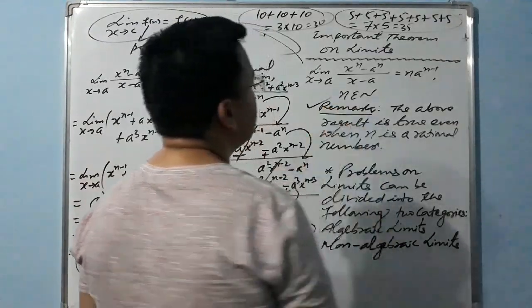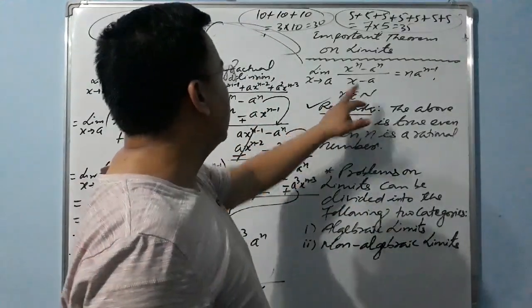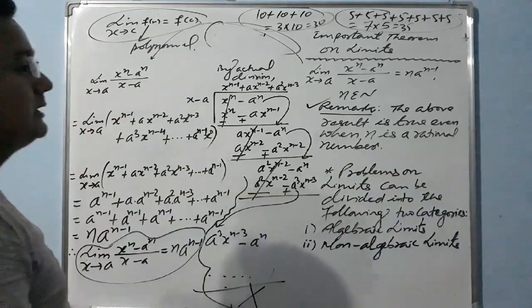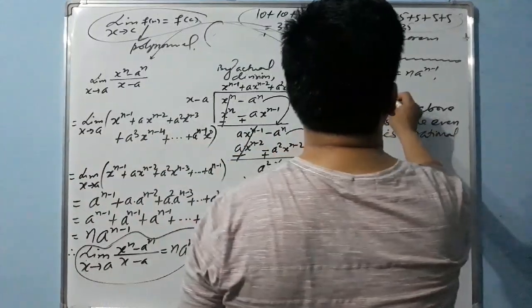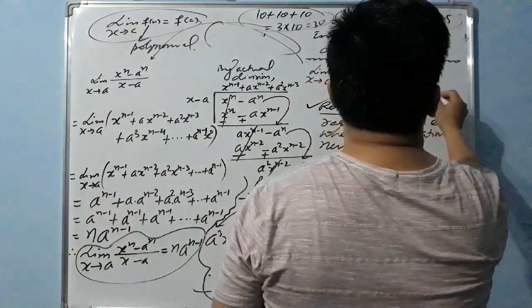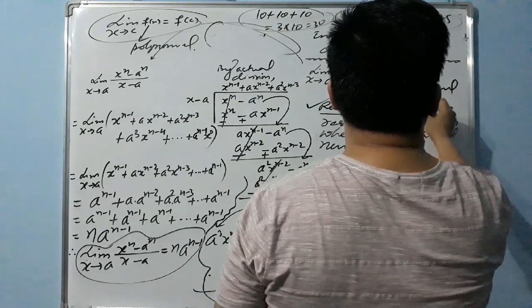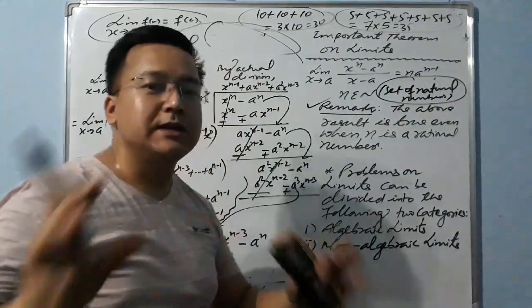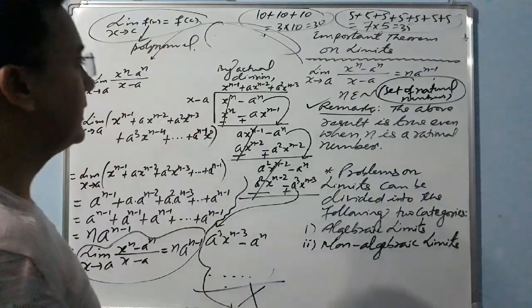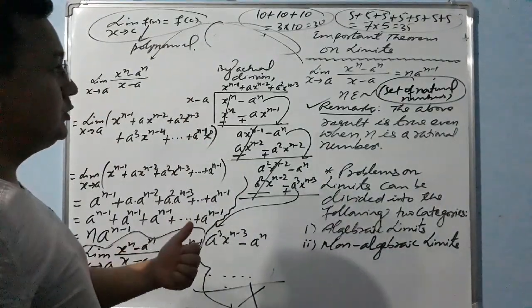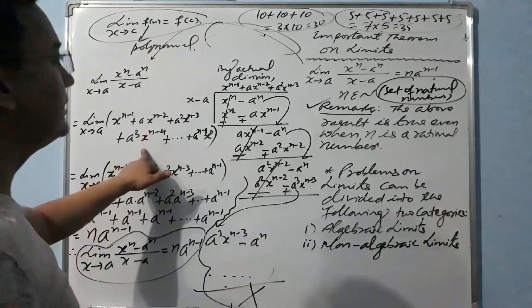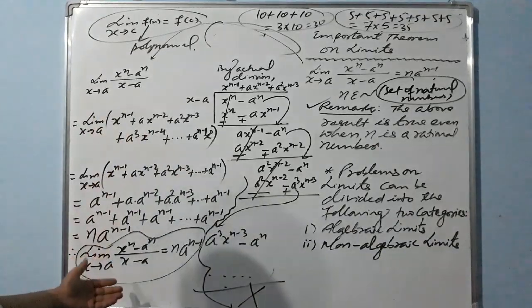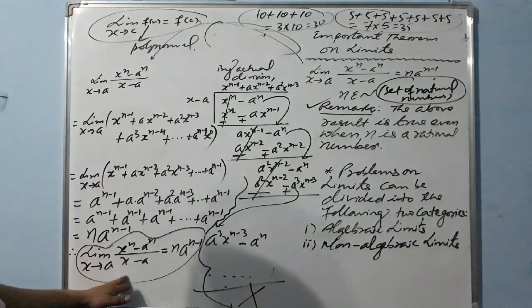And a remark: in this theorem I have written that n belongs to capital N, the set of natural numbers. If n is any natural number, then this theorem is satisfied.